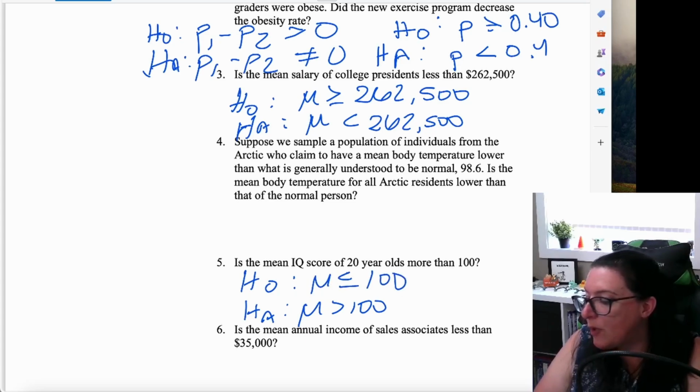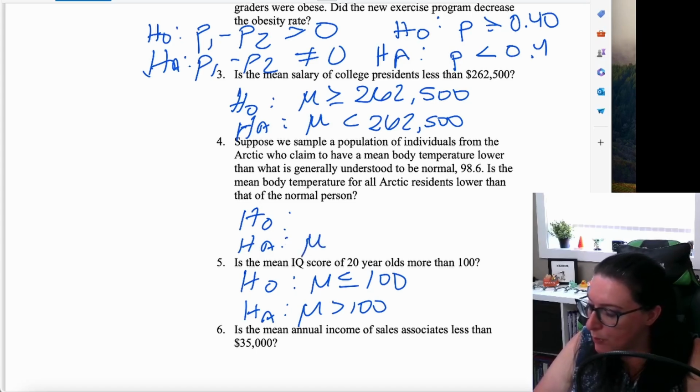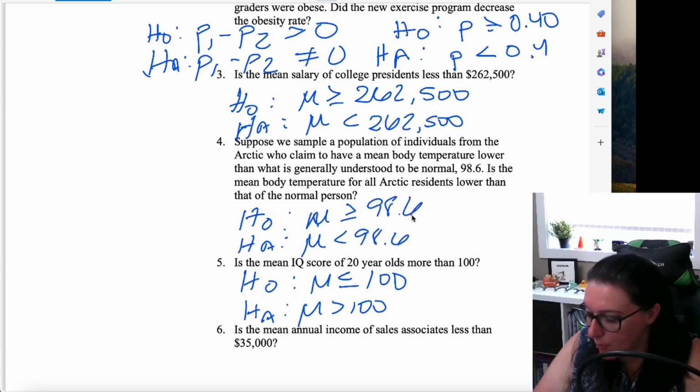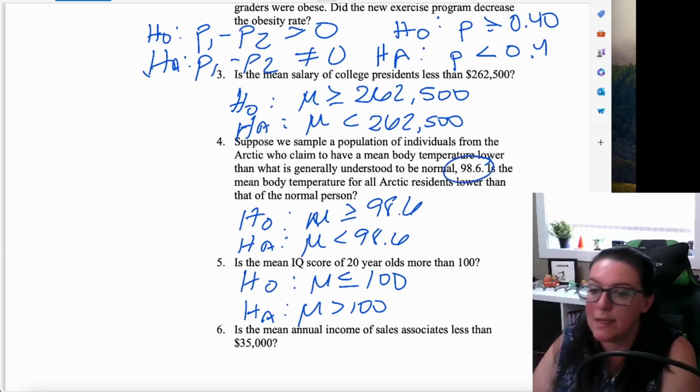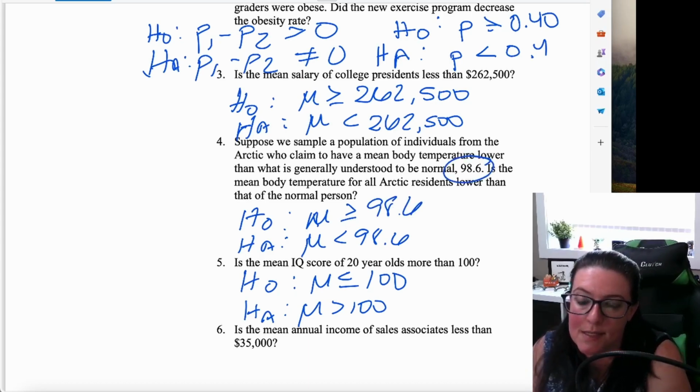Suppose we have a sample of individuals from the Arctic who claim to have a mean body temperature lower than what was generally understood to be normal. Is the mean body temperature for all Arctic residents lower than that of the normal person? So we could do this as mu is less than 98.6, versus greater than or equal to 98.6. So there we're comparing it to a number, if we're saying that is it more or less than 98.6.